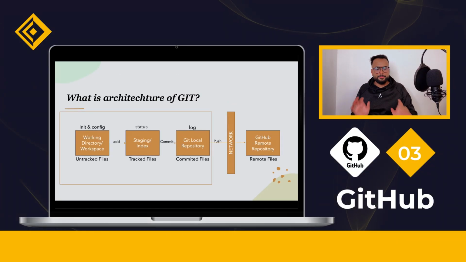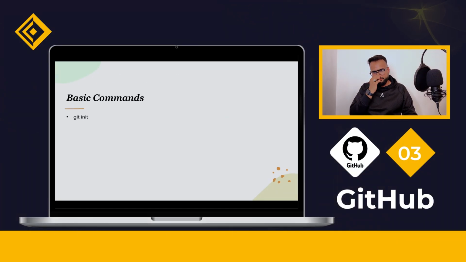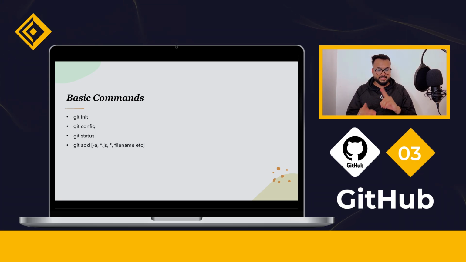So what you have learned here is how we can create the working directory, how we can keep track of untracked files, how we can pass those to tracked files, and how we can pass those files from tracked files to the local repository. Until now we have learned git init, git config, git status, then the git add command.